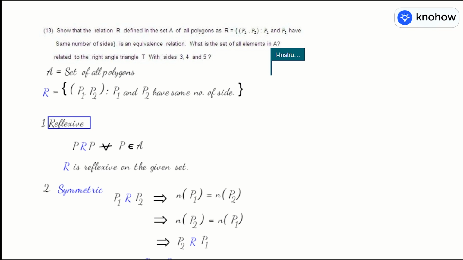So if L1 is parallel to L2 and L2 is parallel to L3, then clearly L1 is parallel to L3, or L1 is related to L3. So we conclude that the given relation R on the set of all lines in a plane A is an equivalence relation.